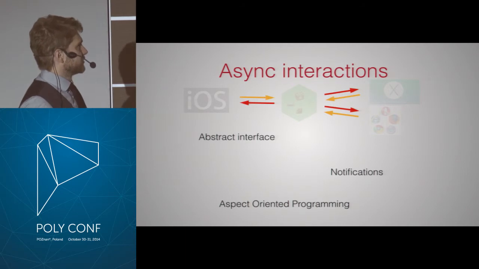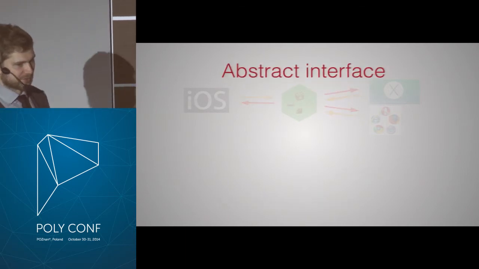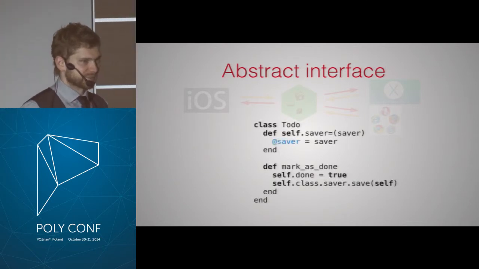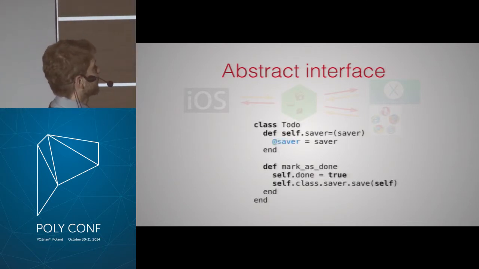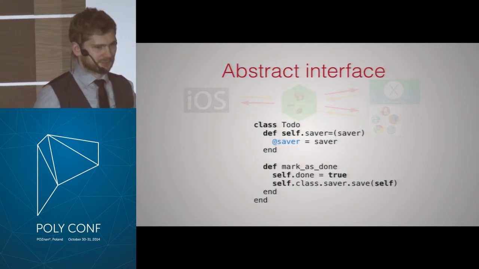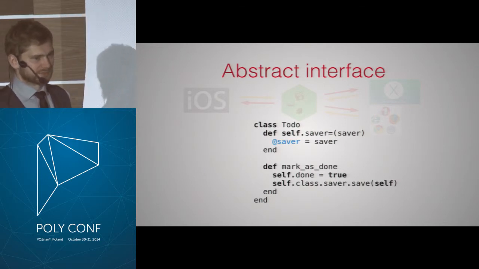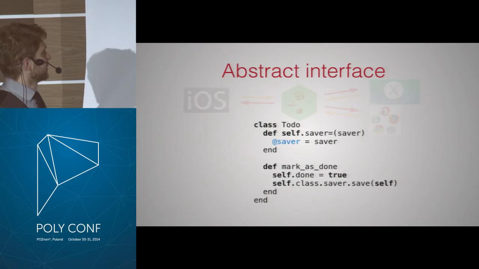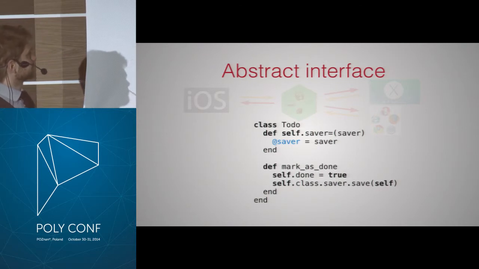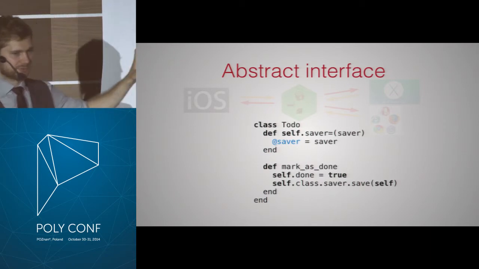So basically, we could use an abstract interface, we could use notifications, or even aspect-oriented programming, and there are differences between them. For example, with an abstract interface, we could extend our cross-platform code to know something about how to save things. For example, it will know that there is an object called saver that can save our to-do item.